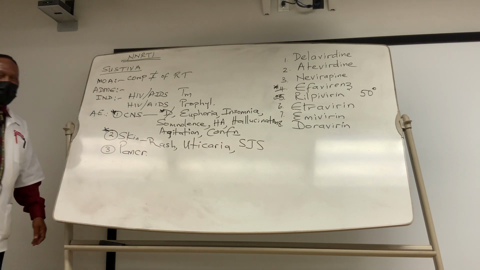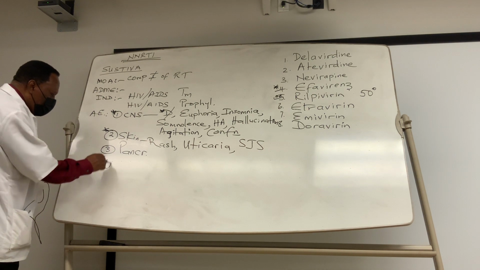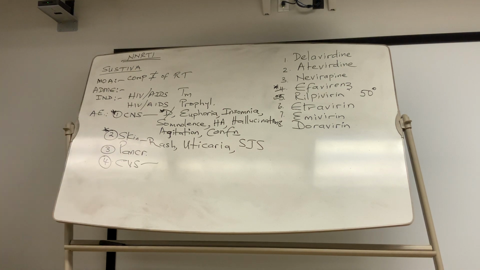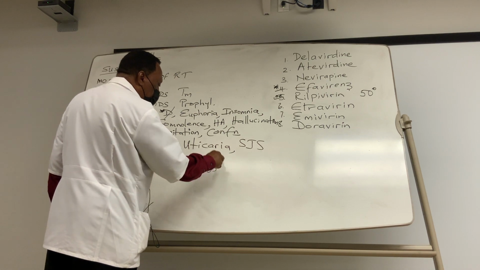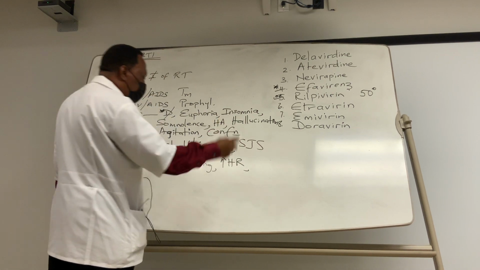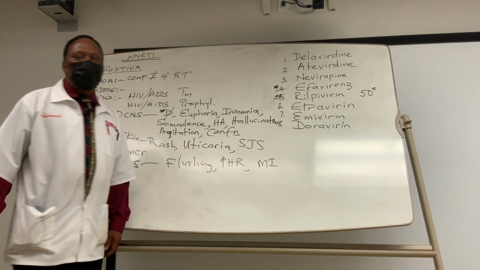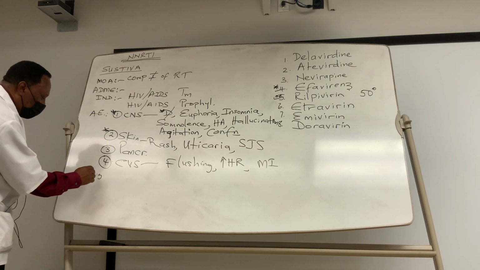So you can have an inflammation of the pancreas that is also present with this drug. Then CVS, it can cause some tachycardia and flushing. So you can get flushing, you can get tachycardia or increasing your heart rate, and increases the risk of myocardial infarction. So the drug can produce all of those.